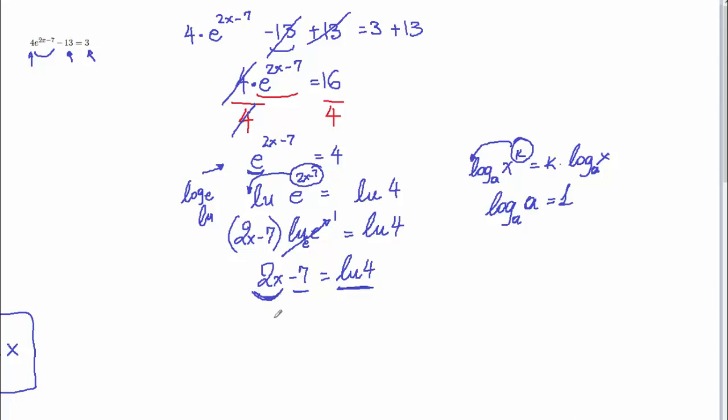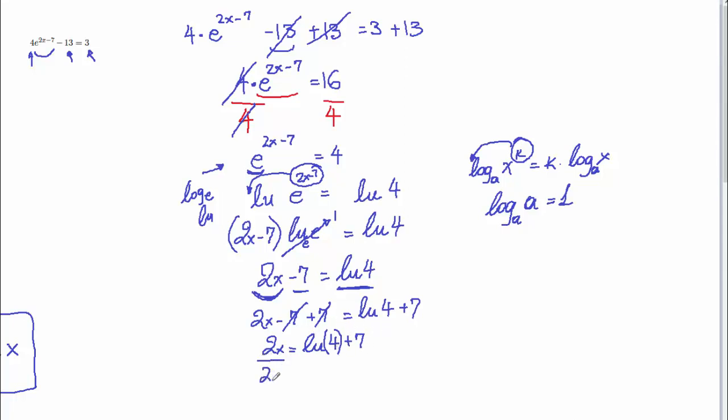So I can move now the 7 to the other side of the equation by adding 7 on both sides. This way I cancel out negative 7 and plus 7. So I have 2x equals ln of 4 plus 7. Remember, the argument of ln is just 4. The 7 is added to the ln of 4.